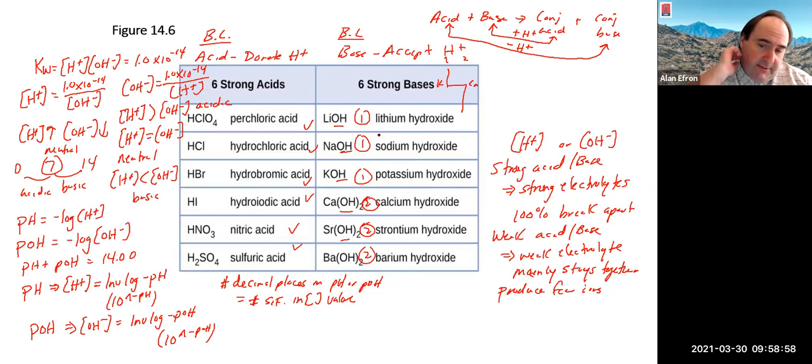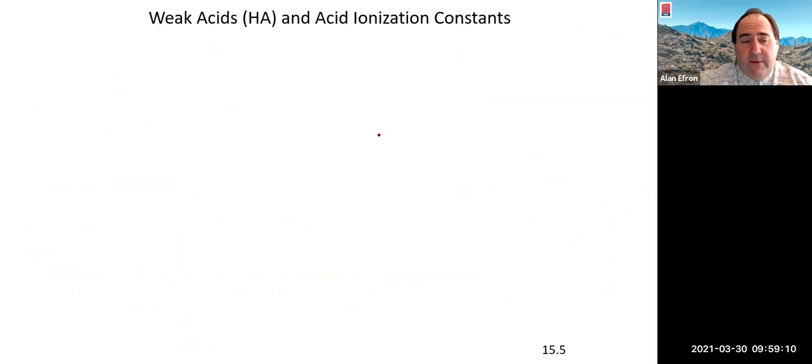Okay, since we started talking about strong acids, we will now talk about what we do with weak acids and how we deal with those types of problems. When we have a weak acid, because it's a weak electrolyte, it is not going to 100% break apart.